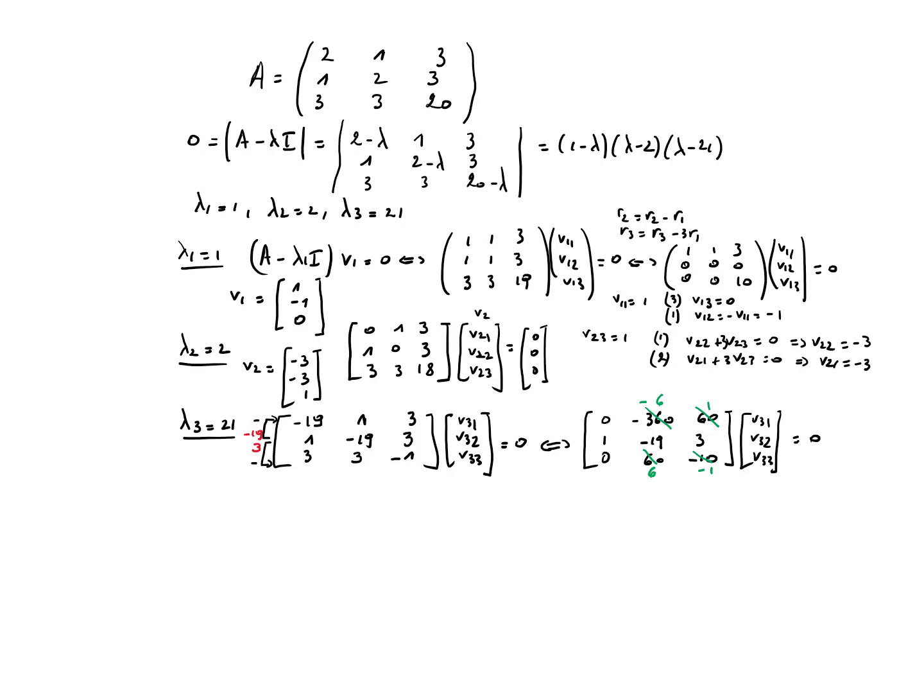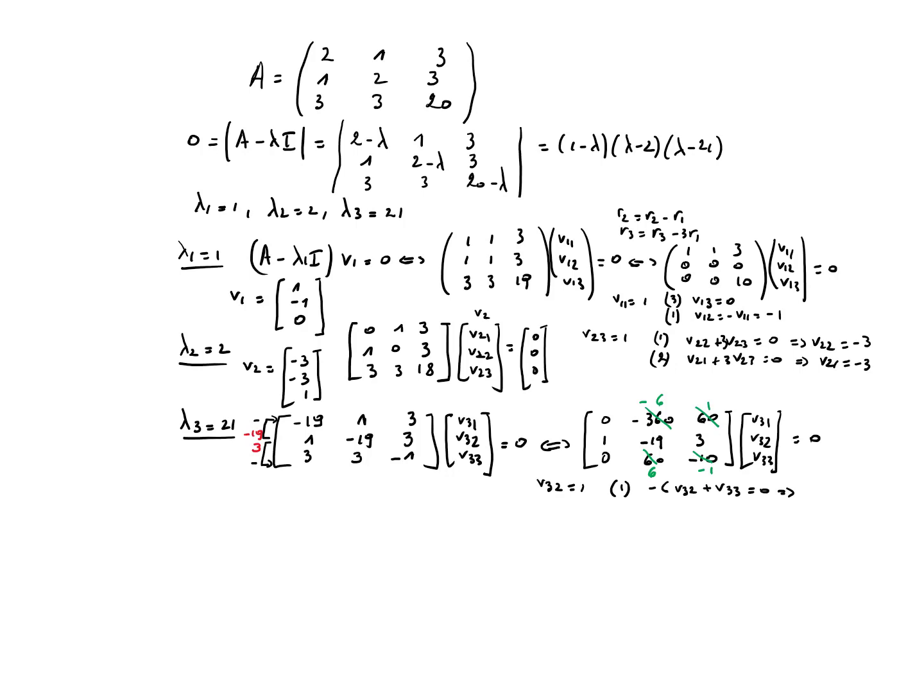So let's take v32 is equal to 1, and it will make it easy for the first equation. So we'll have minus 6 times v32 plus v33 is equal to 0.